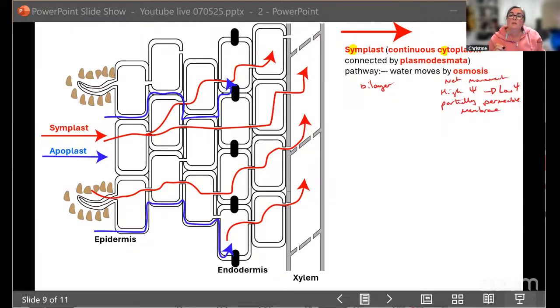So that's important that we note that in the Symplast pathway the movement is getting into the cytoplasm, so across the cell membrane, and then it's going to make its way through as a continuation of the cytoplasm all the way through the cells, through the epidermis, through the endodermis, to the xylem, and then up through the plant and wherever it needs to go. So that's important for you to note.